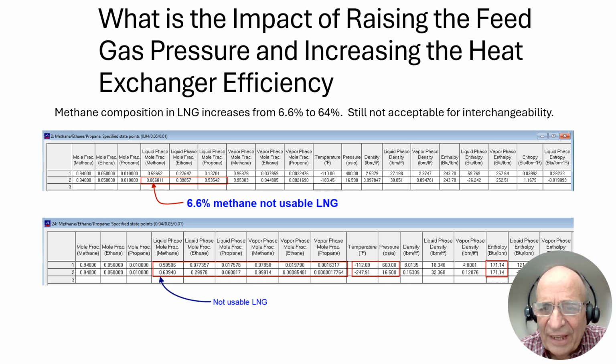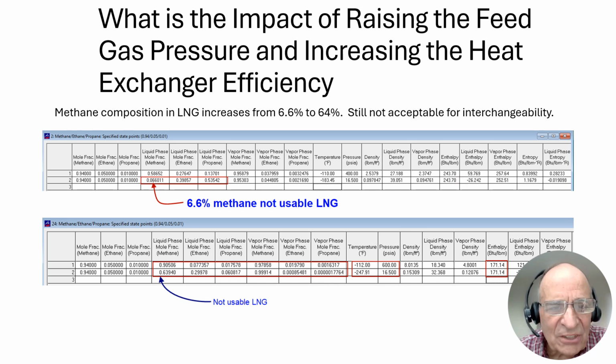So we look for our enthalpy, see where that is on here. The enthalpy should be shown right here, and here's the constant enthalpy. And we see that it's 243.7 going into the JT valve and 243.7 coming out of the JT valve.